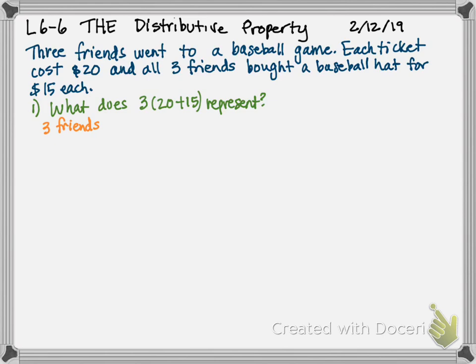Okay, so then what does the 20 represent? It said each ticket to the baseball game was $20. So that's the cost of a ticket to the game. Okay, and then we need to figure out what the 15 means.